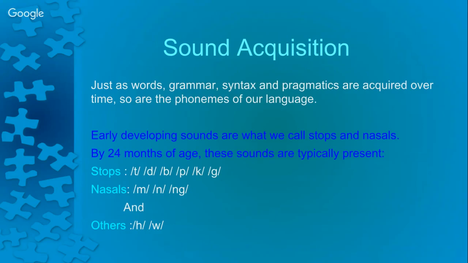You could say P, T, K, B, D, G. Those are the letter names that represent the sounds. Nasals are m and n, and others that emerge early by 24 months of age are h and w. So these are the earliest sounds that develop.